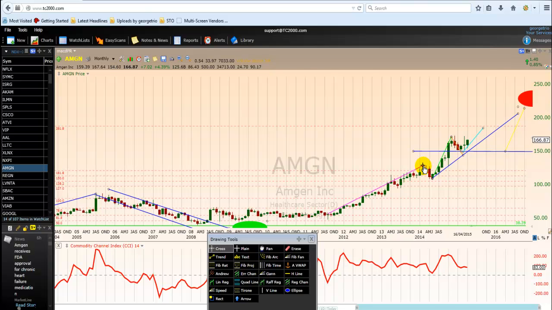But the third Elliott wave can be shorter than the first wave if the first wave is extended. The only rule is that the third Elliott wave should not be the shortest wave. But the third wave can be shorter than the first wave or the fifth wave, but it cannot be shorter than both together. Otherwise, it will be the shortest motive wave.